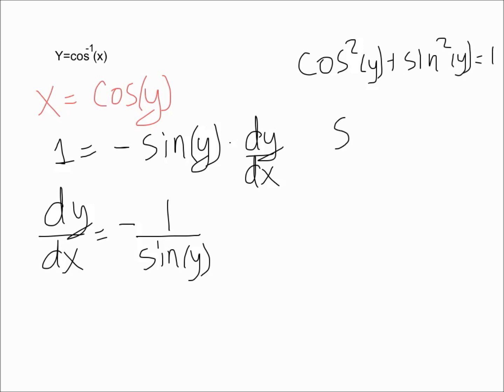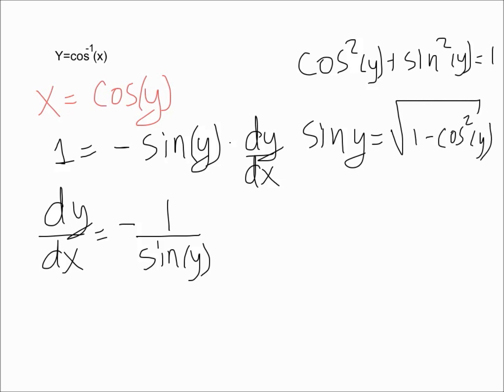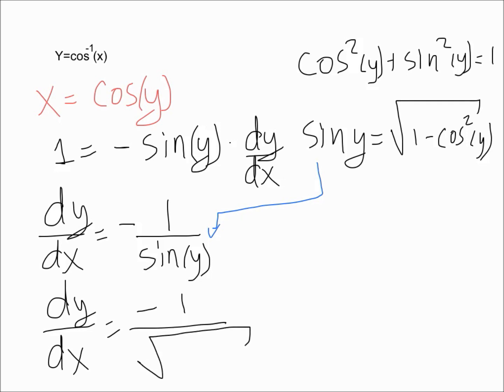Pretty much get the same thing, that the sine of y is equal to the square root of 1 minus the cosine squared of y. We put this information here, so dy dx is equal to negative 1 over square root of 1 minus cosine squared of y.